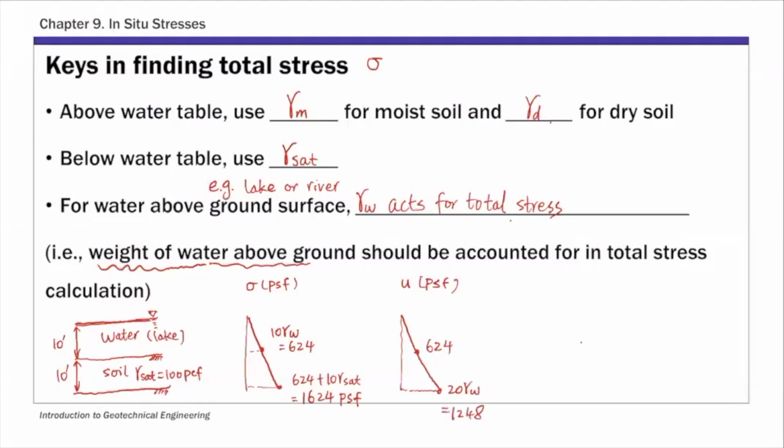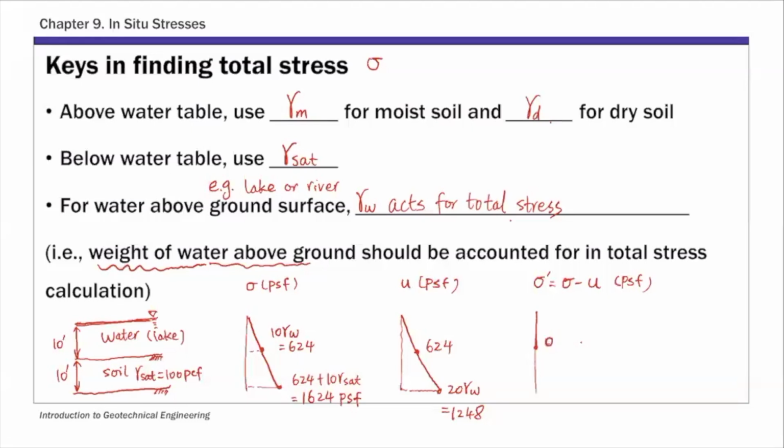And then the effective stress is the difference between these two. At the bottom of the lake, effective stress, if you take the difference between total and pore pressure, this value is 0. Okay. And that makes sense because you don't have any soil above the ground surface.